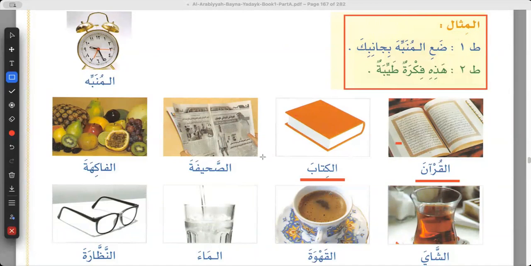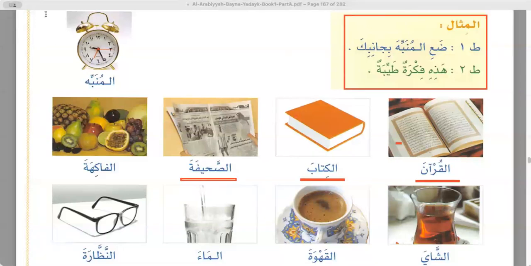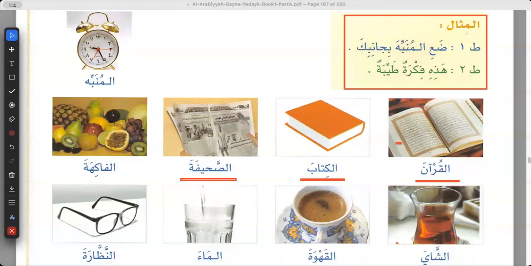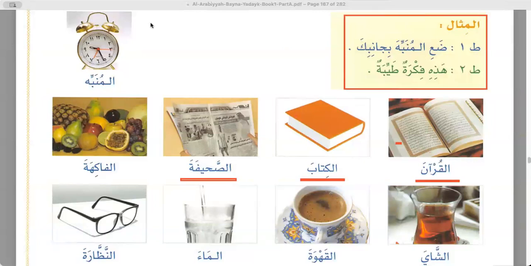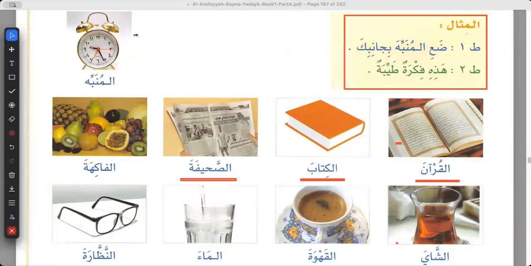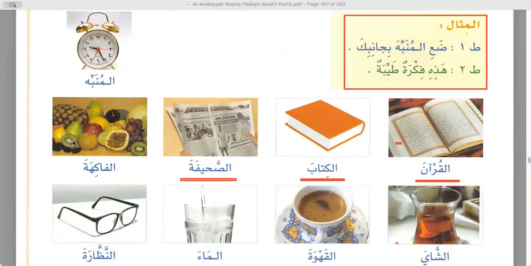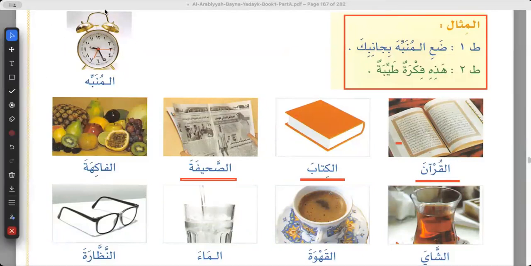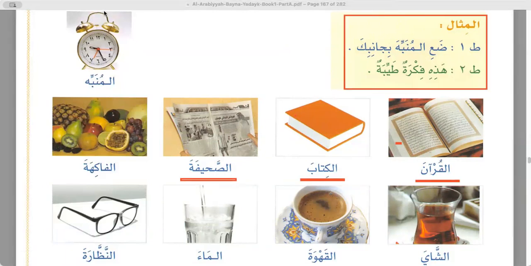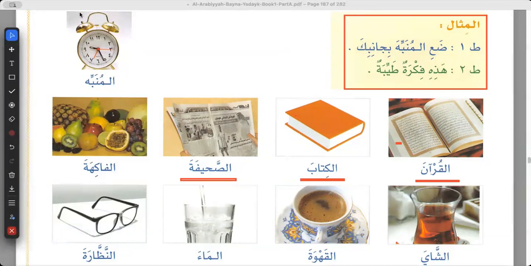هذه فكرة طيبة. Next, number 825. Okay, number 434. ضع الفاكهة بجانبك. هذه فكرة طيبة.